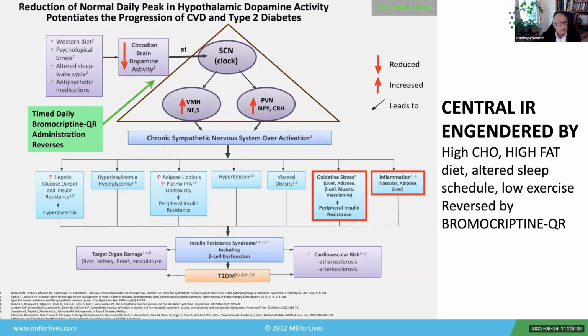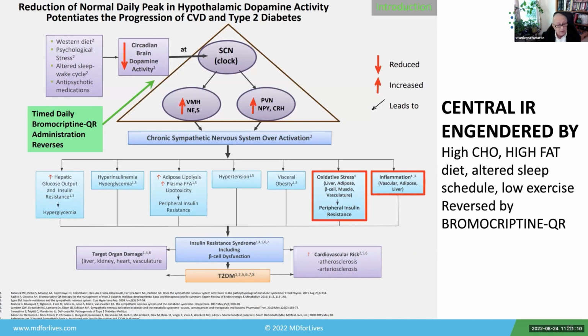Central resistance illustrated here: Western diet, psychological stress, altered sleep-wake cycles, antipsychotic medications, decreased central dopamine, that's the biologic clock, and that can result in increasing VMH, norepi, serotonin, PVN, NPI, CRH, which increases chronic sympathetic nervous system overactivation.